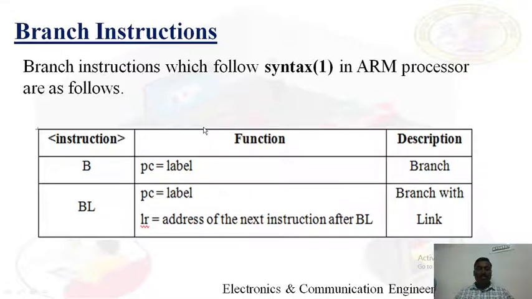BEQ indicates branch on equal, that is, it will check the Z flag. Then you put the label here. It means the PC will be loaded with this label address, that's it. If you write only B, it is an unconditional jump. So this label is just copied to the PC.